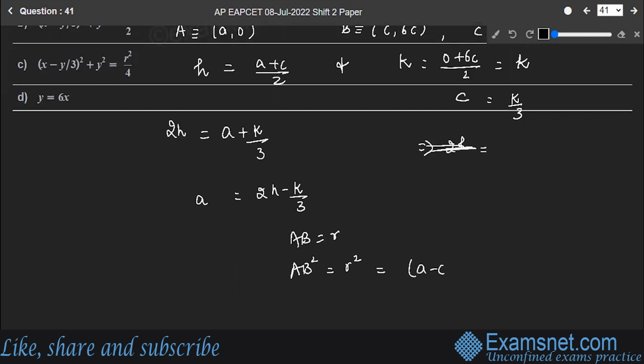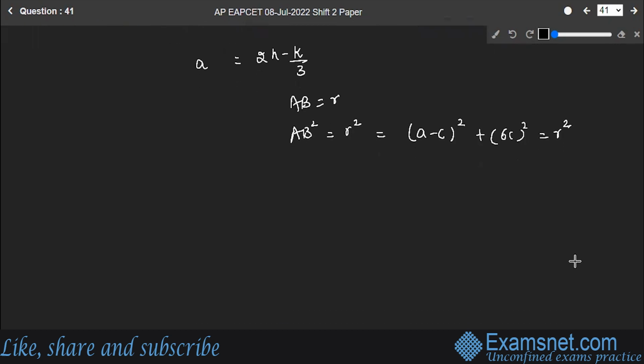That is (a - c) squared plus (6c) squared is equal to R squared. So let's fill in the values. You had a as 2h minus k/3, so (2h - k/3 - k/3) whole squared plus (6k/3) whole squared is equal to R squared.